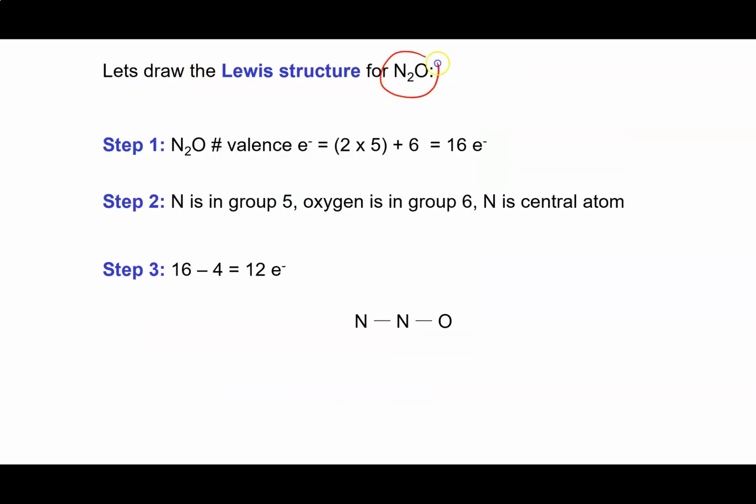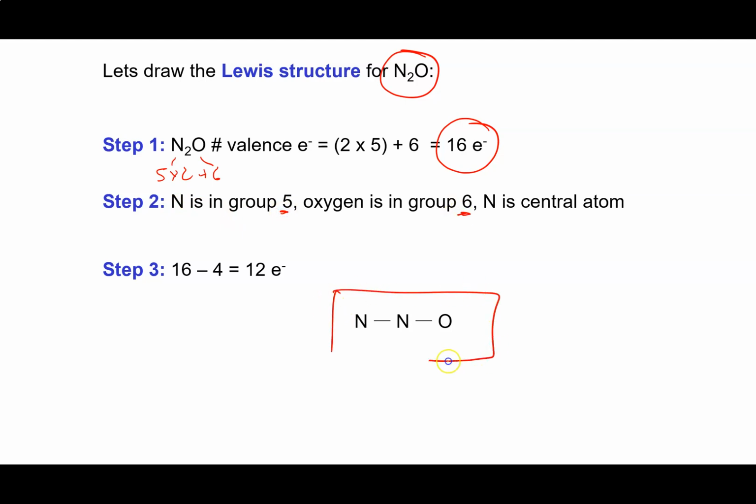So we're going to draw the Lewis structure for N2O. Nitrogen's in group 5A, and we've got 2 of those, and oxygen is in group 6A, so we've got 6 of those, and that gives us 16 electrons. Nitrogen's going to be our central atom because it's in group 5, whereas oxygen is in group 6.